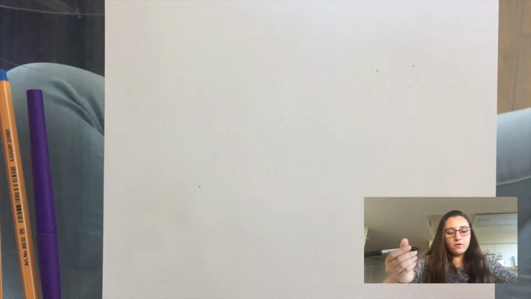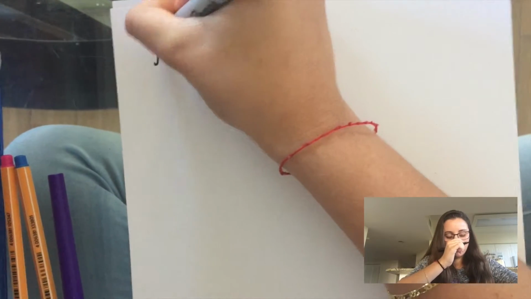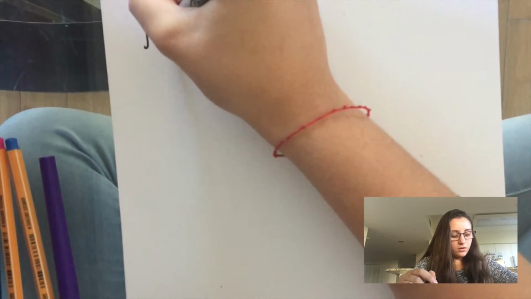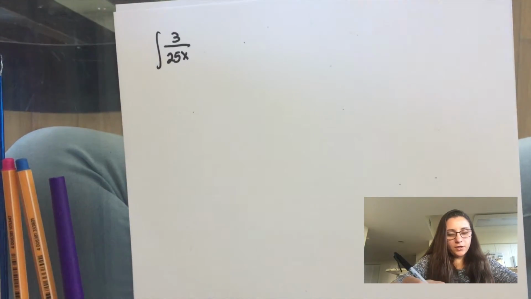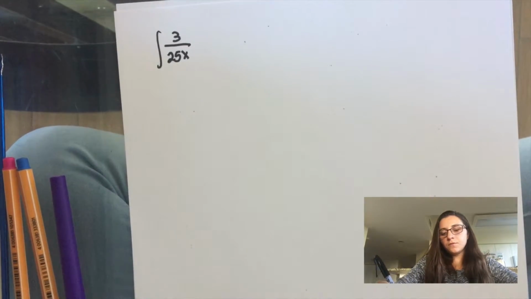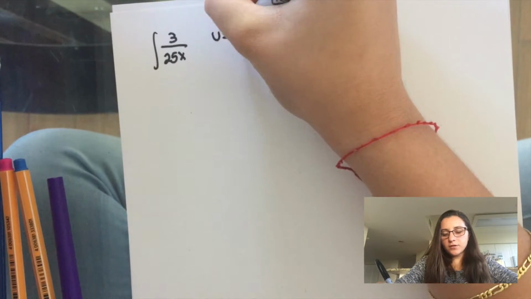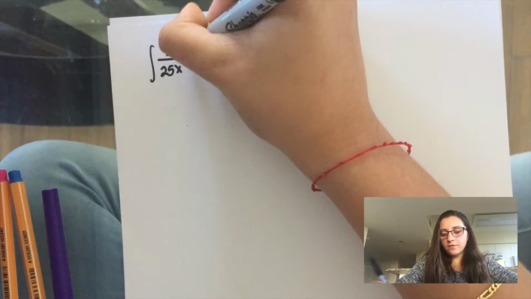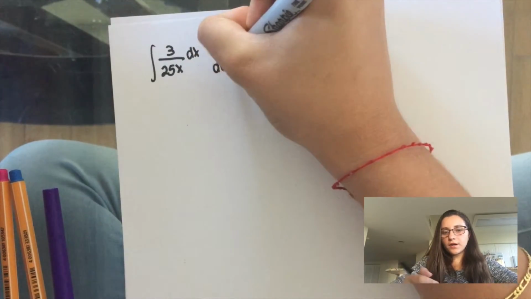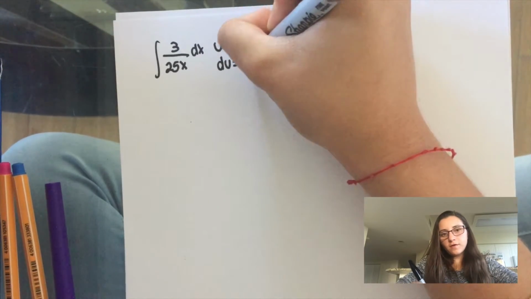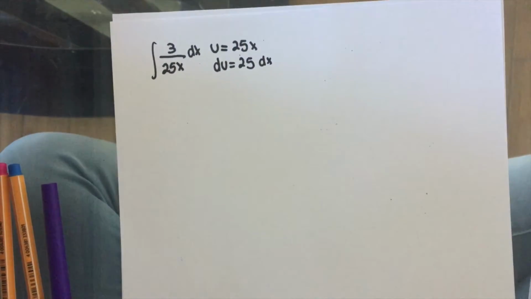We have that our first integrand, which is 3 over 25x, we are going to set our u equal to x, and our du will equal dx. So we're going to get 3 over 25 times the natural log of x.